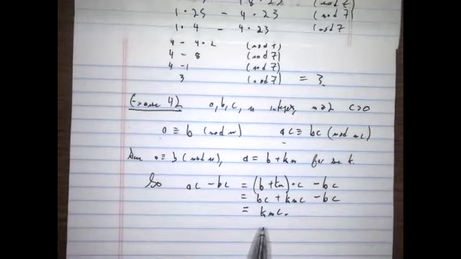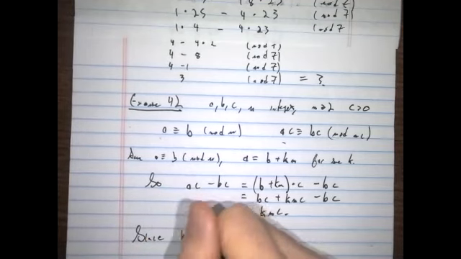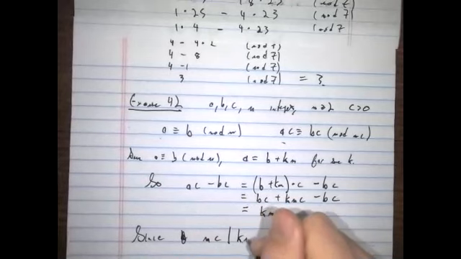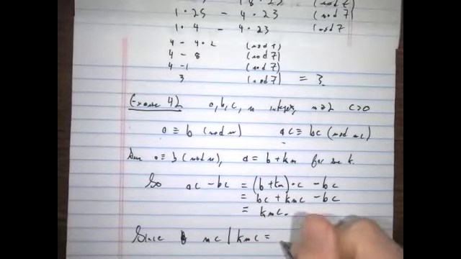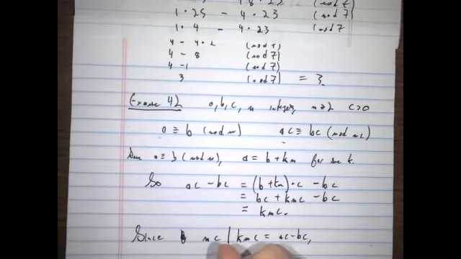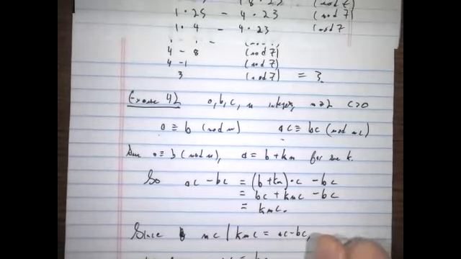The question, is kmc divisible by mc? Since mc divides kmc, which is equal to ac minus bc, we see ac is congruent to bc mod mc. I feel like a poet.